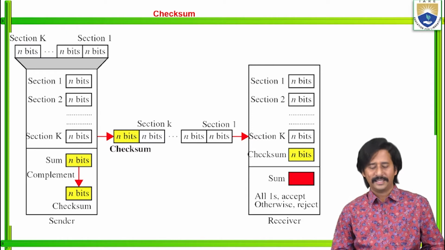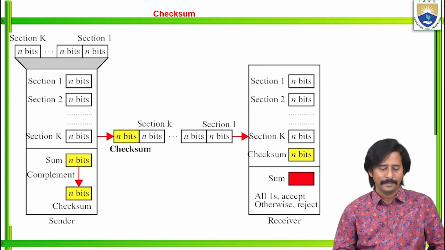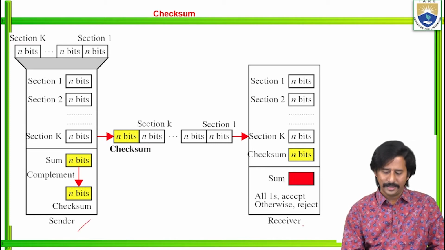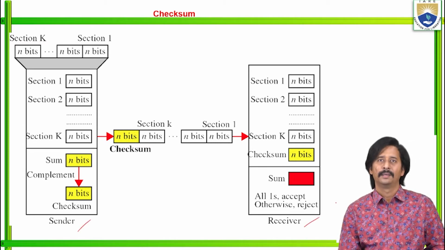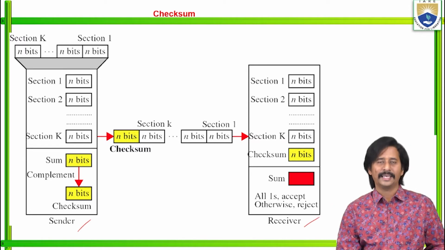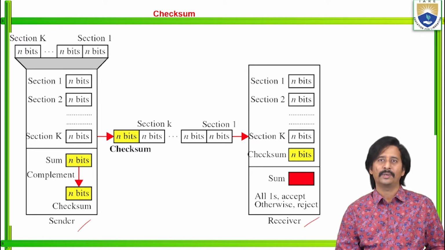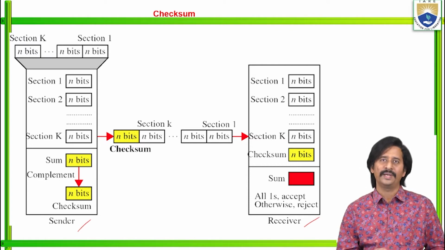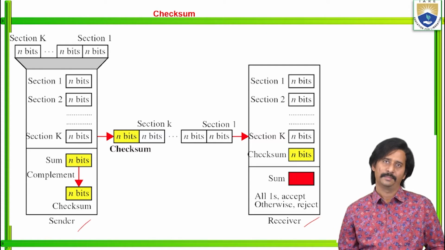Let us take this example. This is the sender side, and this is the receiver side. Whatever data we are transmitting is initially divided into fixed-size frames.